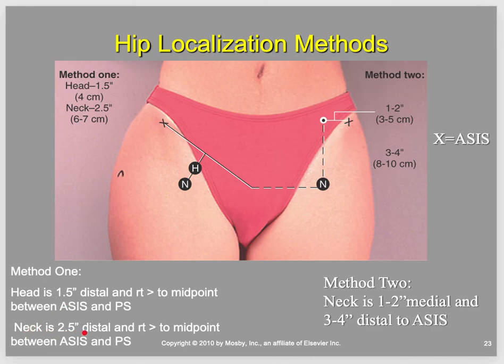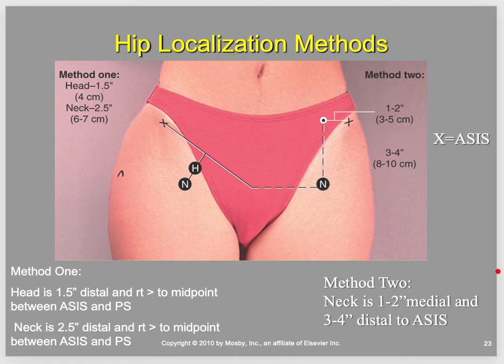So the neck is 2.5 inches distal and right to midpoint between ASIS and pubic symphysis. So ASIS, pubic symphysis, that's where you'll find the head, you'll find the neck. So these are just to help you with finding that head and neck.